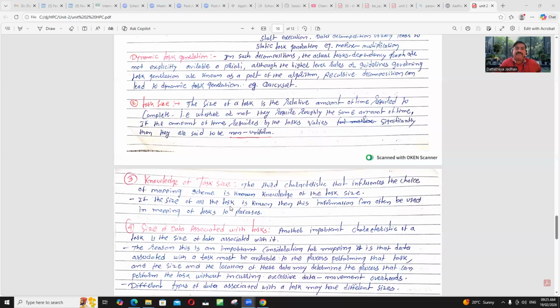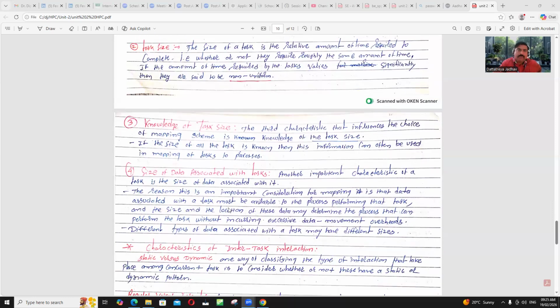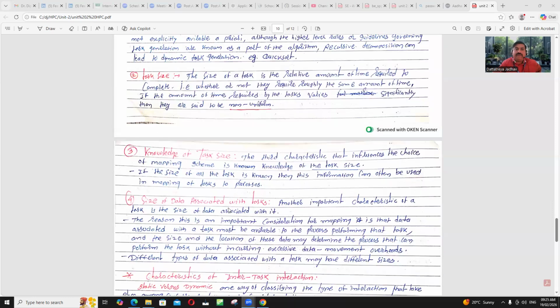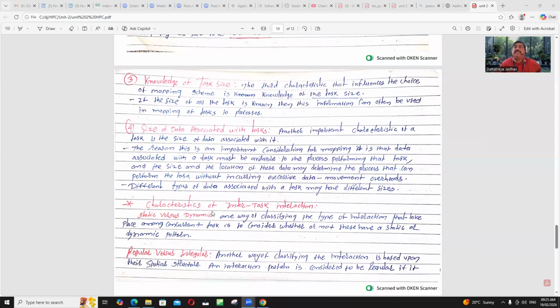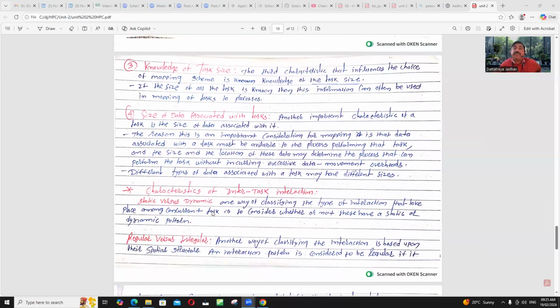The fourth characteristic related to the technique is the size of data associated with the task. What is the size of the data associated with the respective task? It may be different, because different tasks use different types of data. Another important characteristic of a task is the size of data associated with it.